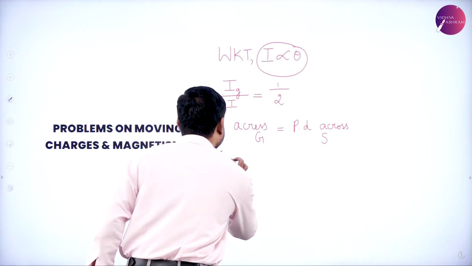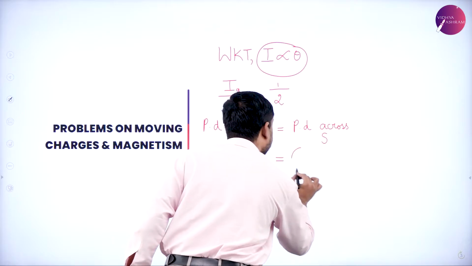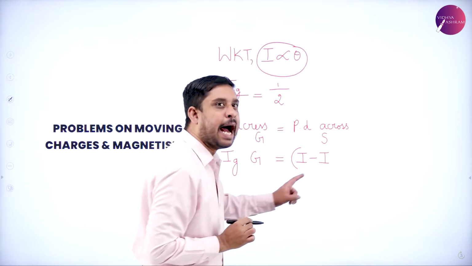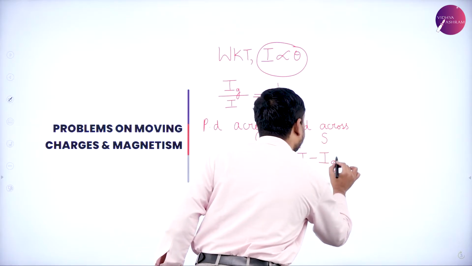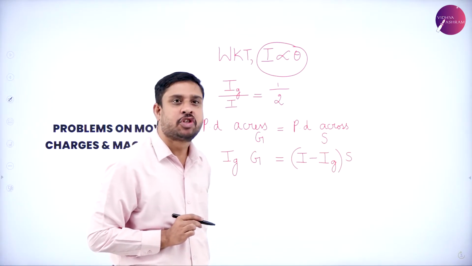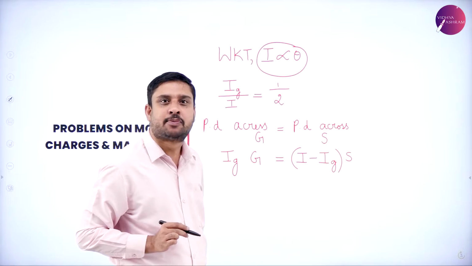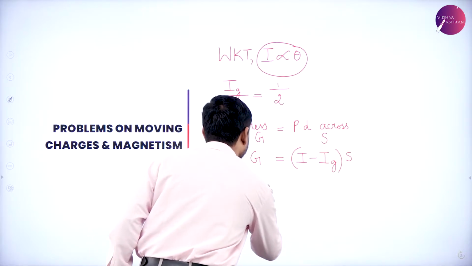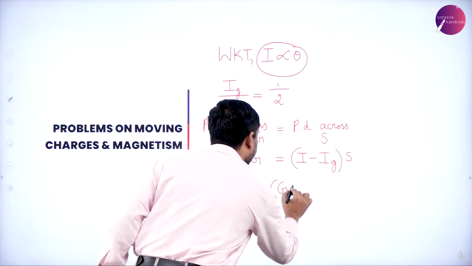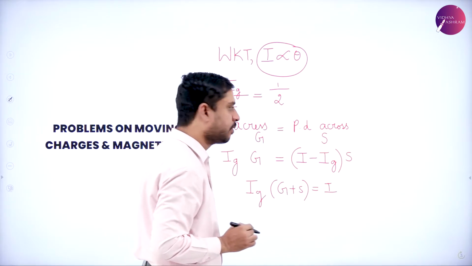Potential difference across G, Ig into G, equals I minus Ig into S. If you study the conversion of galvanometer to ammeter, you come across these expressions. So this is Ig into G plus S is equal to I.